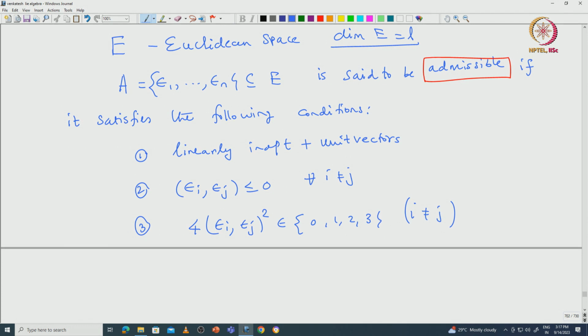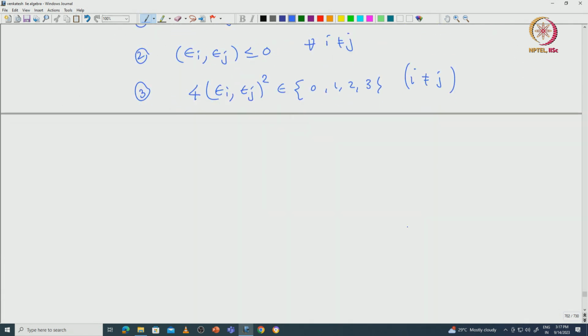Now what we did, we defined a Coxeter graph associated with this capital A, which we denoted by G of A. So, what is G of A?